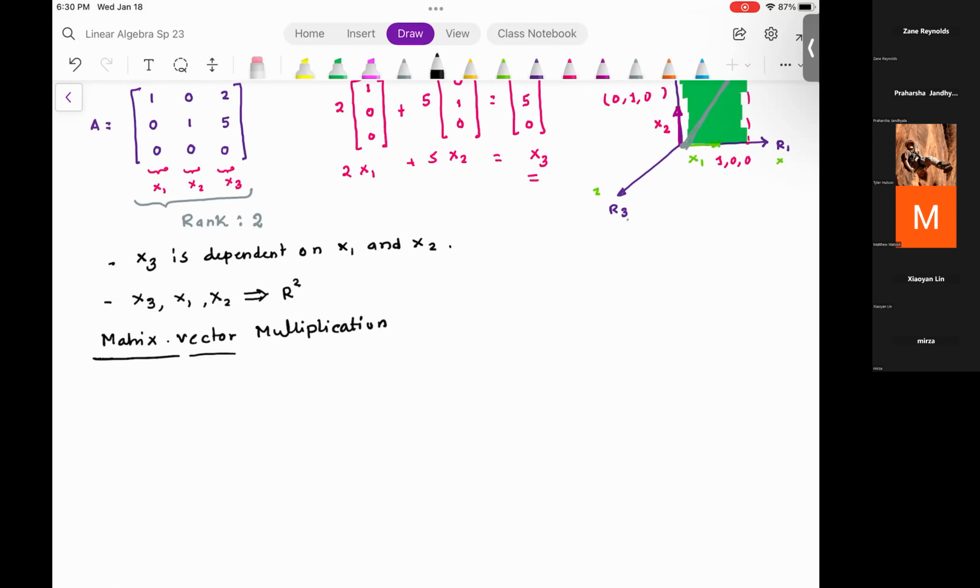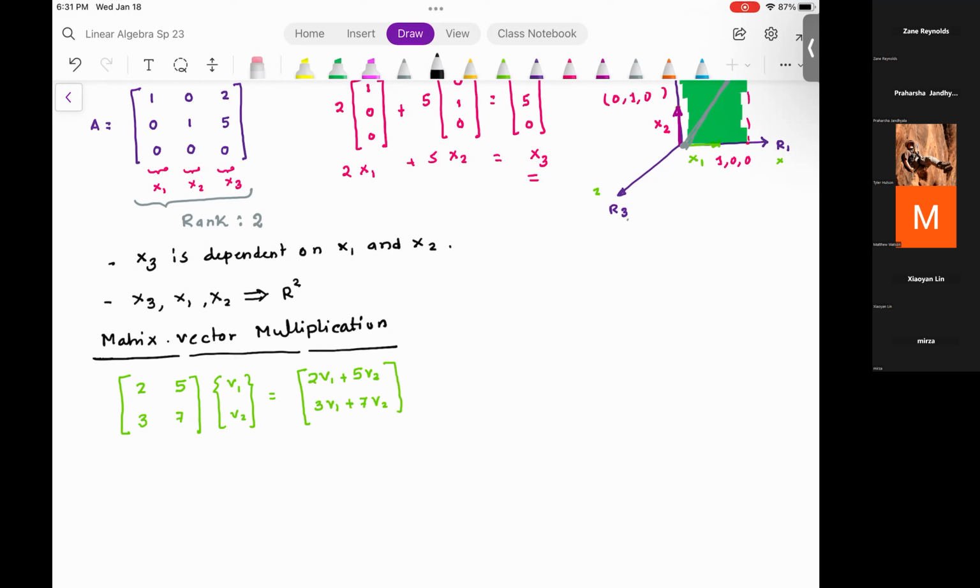If you look at undergraduate linear algebra, this is how we perform the matrix multiplication. If I have a matrix 2, 5, 3, 7 multiplied by V1, V2, the way to do this is 2V1 plus 5V2 and 3V1 plus 7V2.